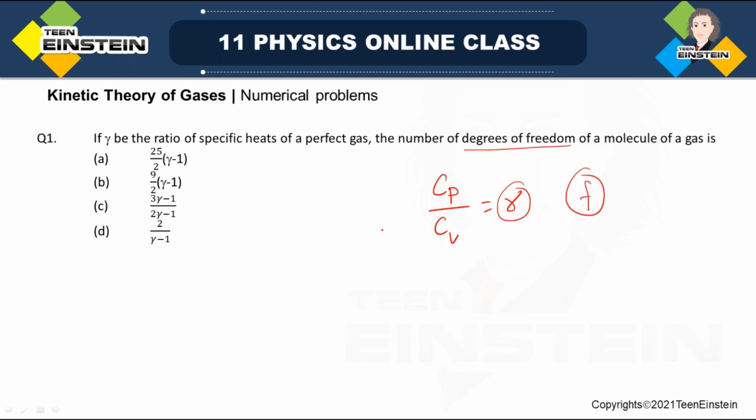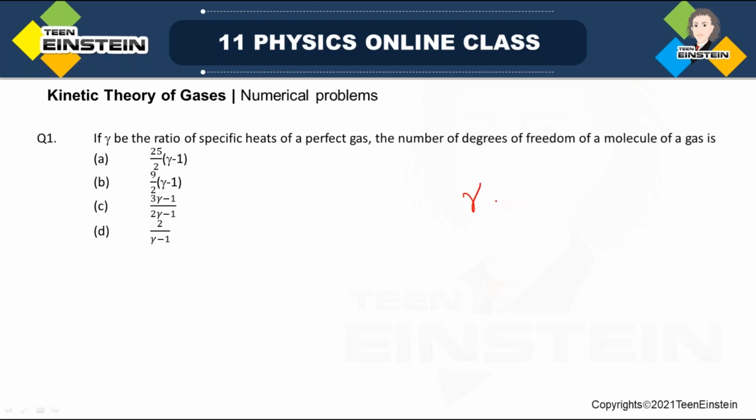So do you know the relation between degrees of freedom and the ratio of specific heats gamma? If not, please note this down.